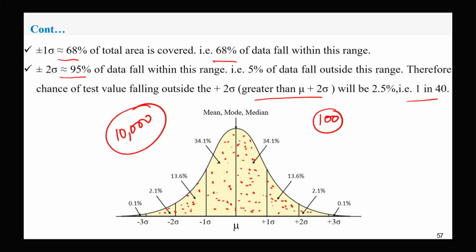Now the problem here: we know that we cannot test individual data, that's a theoretical concept. We cannot take the individual data. So what we have to do, as we have already discussed, is take a sample to reduce the cost and reduce the time required for testing.